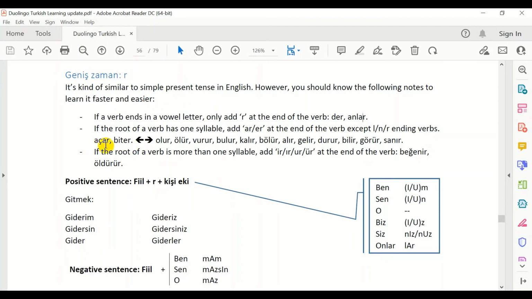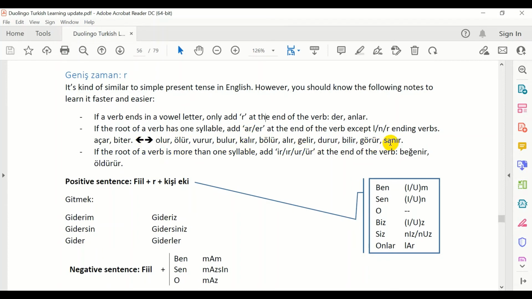See, here are some examples. Açmak, to open. Açar, he opens. O açar, you have added ar here. Or bitmak means to finish. Biter, it means it finishes. O biter. Here you have added er.